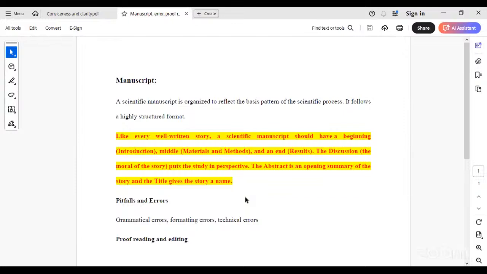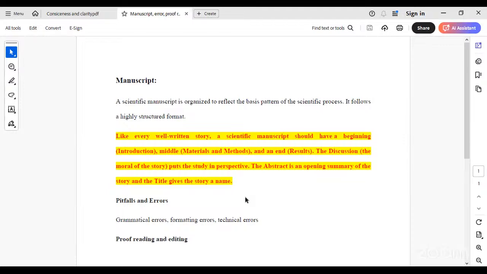Today we will be talking in detail about the structuring of a research paper, or technically, what is a scientific manuscript. A research paper or manuscript is a highly structured format of writing in which we discuss our findings, results, discoveries and insights in a very scientific and logical manner.